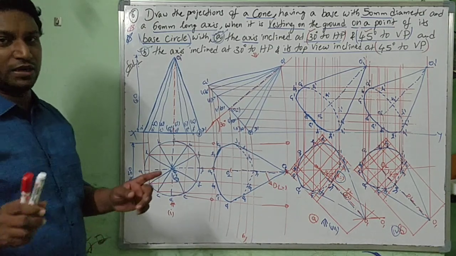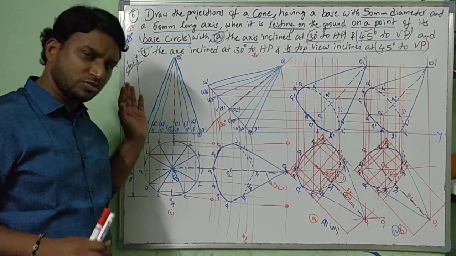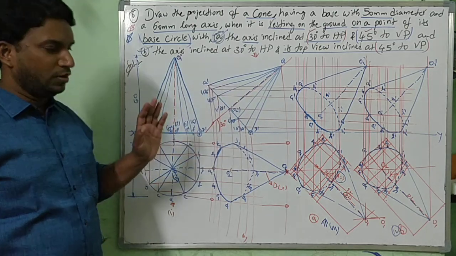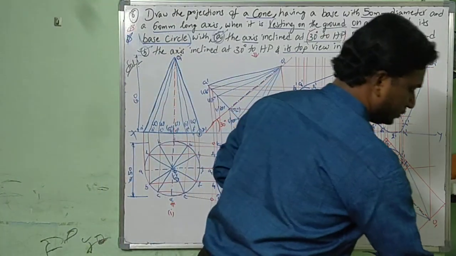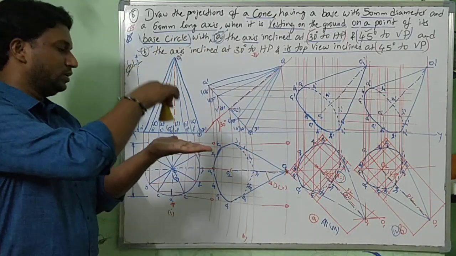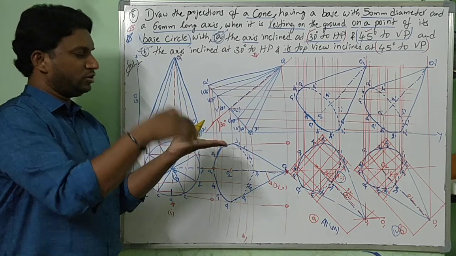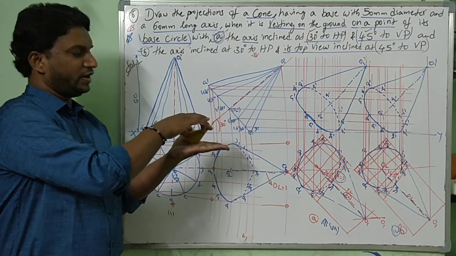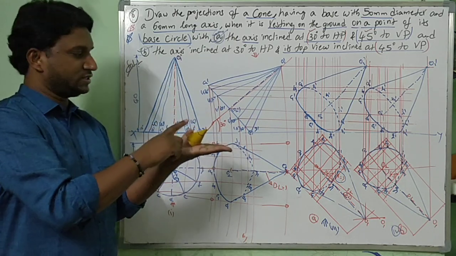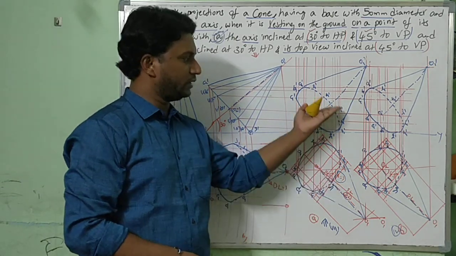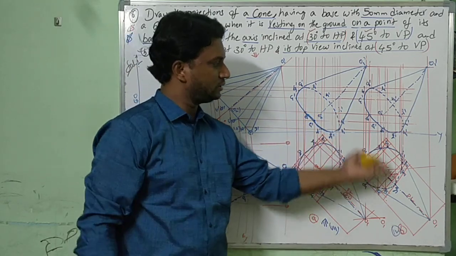If you understand this problem clearly, just proceed as per the method. Top base, front view, 30 degrees, front view, top view, 45 degrees, nothing but beta first, and then 45 degrees, and then front.